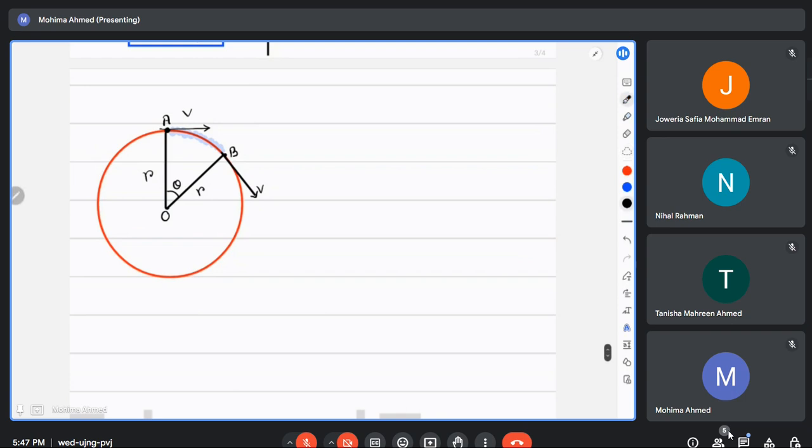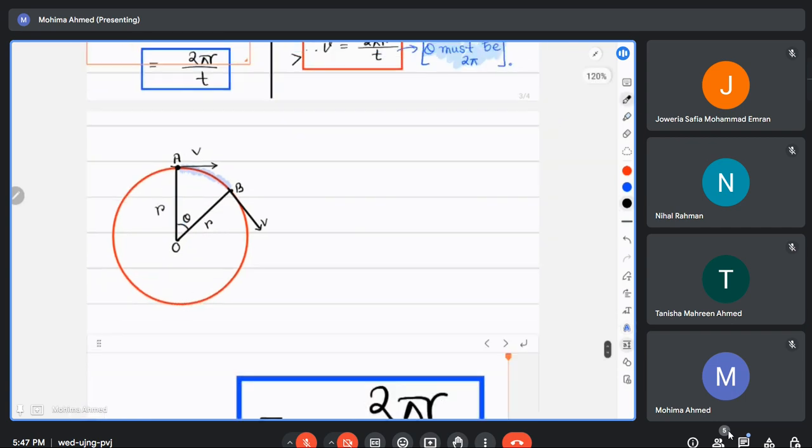In angular velocity we measure the difference in angle. For example, at the very start when it was at point A, the angle was 0, but as it starts traveling from point A to point B, it is obviously moving away from A. How far it has moved from A we measure in terms of angle, and angle is again measured in radians over here. So this is for angular velocity.